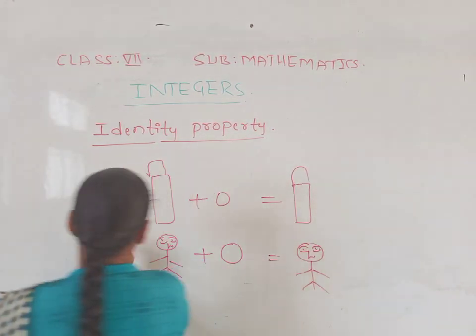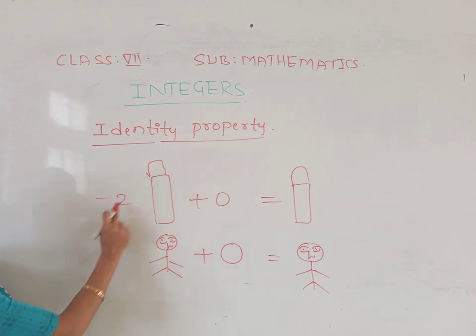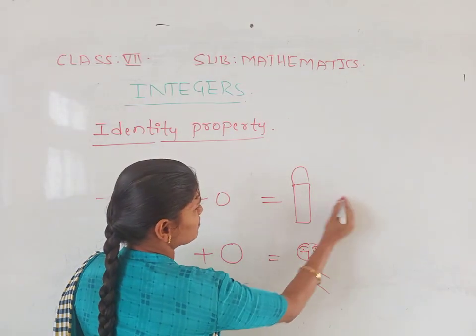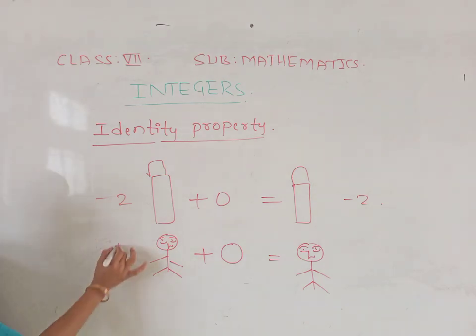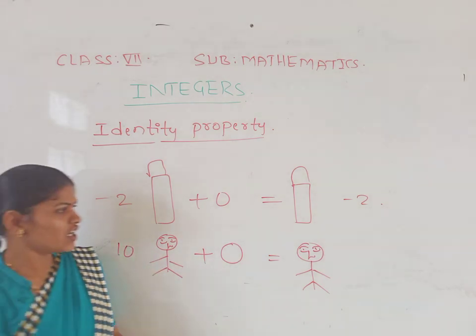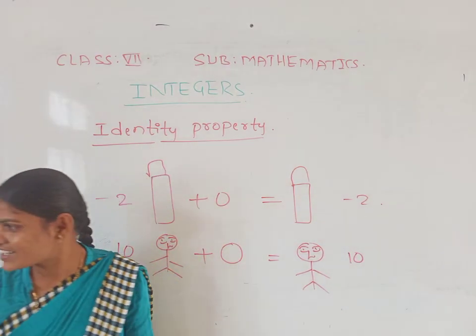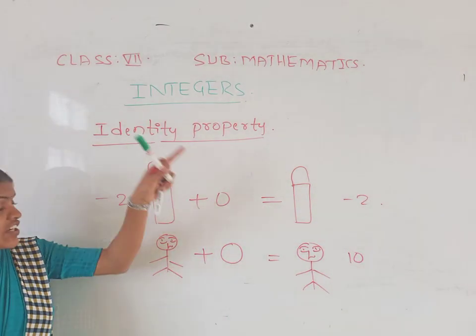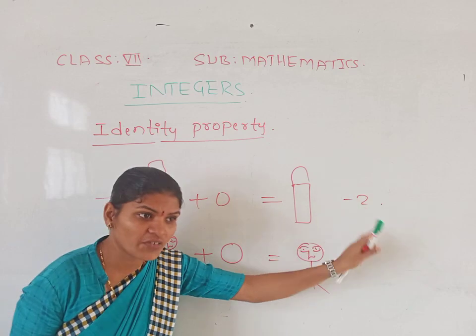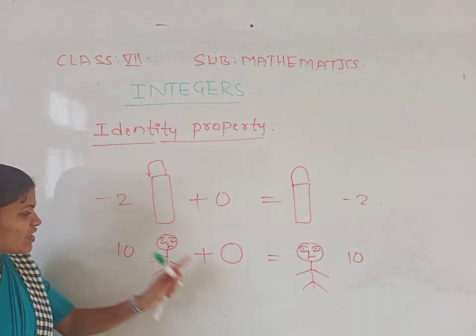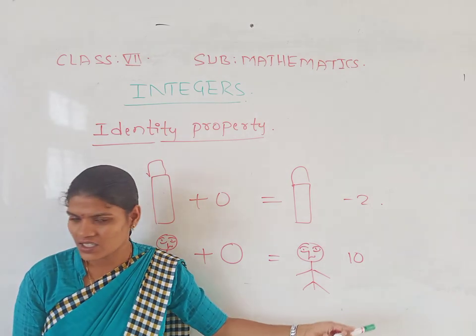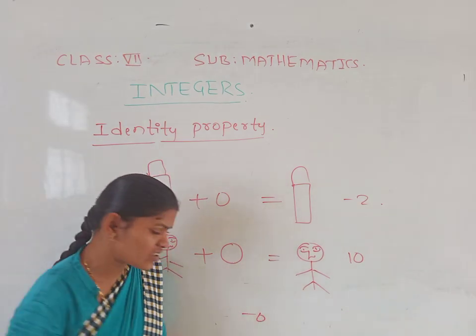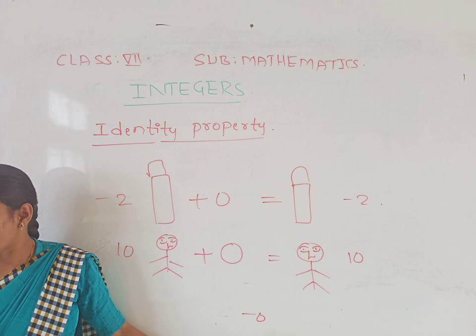Suppose this green color marker means here minus 2. Minus 2 plus 0, again you are getting what? Minus 2 itself. Rohan means 10. 10 plus 0, again its answer is 10 itself. You can add 0 to a negative integer, again you get a negative integer. You can add 0 to 10, again you get that positive integer only. Yes, clear? Is there a minus 0 and plus 0 like that? No. Why?